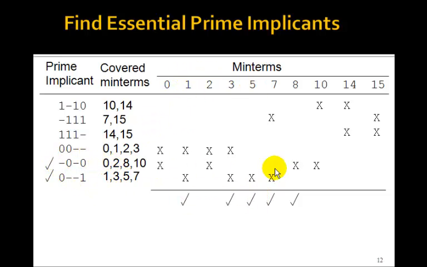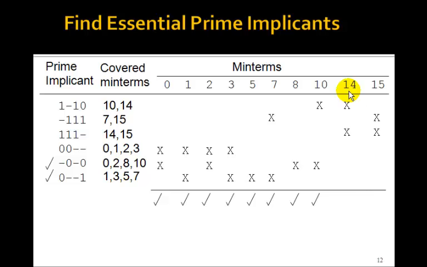This one, in addition to the 8, which we needed, also covers 0, 2, and 10. So let's put a check mark under 0, 2, and 10. So look, these two essential prime implicants cover minterms 0, 1, 2, 3, 5, 7, 8, and 10.